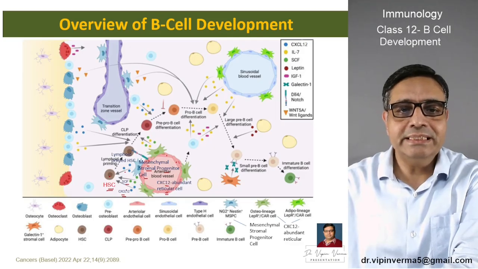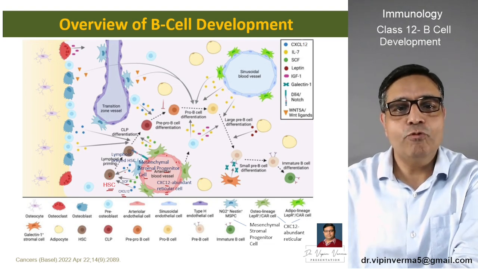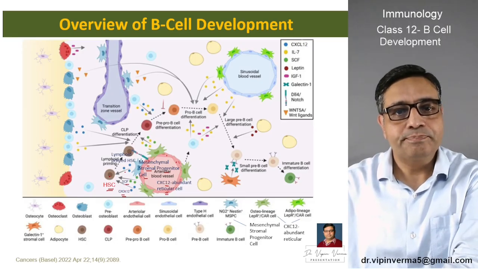Once these cytokines are released, they prime the hematopoietic stem cells, and they form the lymphoid primed hematopoietic stem cells. So now the hematopoietic stem cell is primed under the influence of CXCL12 and SCF.